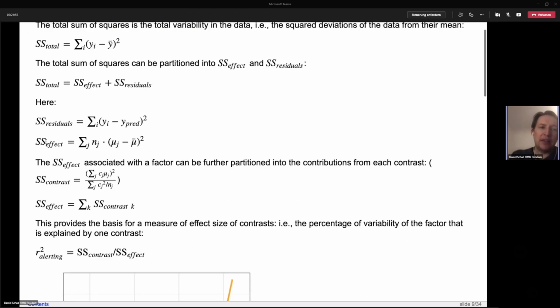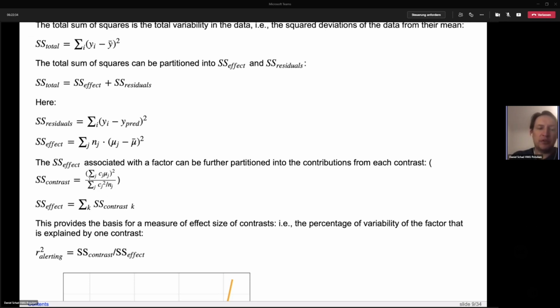Now, interestingly, this effect sum of squares can be further partitioned into the contributions from each contrast. So we can also compute a sum of squares for each contrast. That is computed by taking the product of the contrast coefficient times the condition mean, summing this up across all 4 factor levels, and squaring it, divided by the sum of the squared contrast coefficients divided by the number of subjects in that condition, summed up across all condition means.